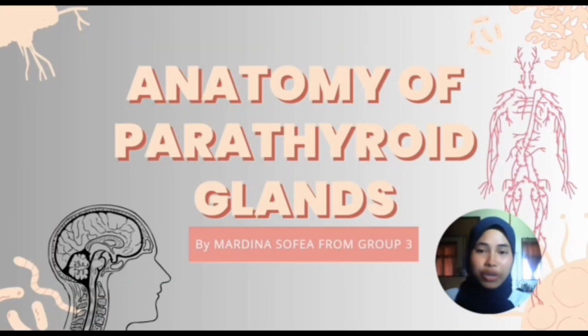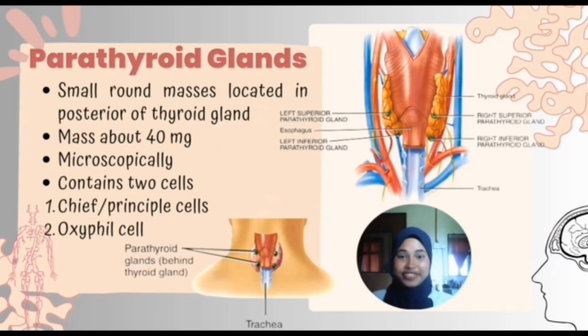Next, the anatomy of the parathyroid glands. Parathyroid glands are small round masses that are located on the posterior of the thyroid gland. Each measures about 40 milligrams. Microscopically, they contain two cell types, which are principal cells that secrete parathyroid hormone, and the other one, oxyphil cells.